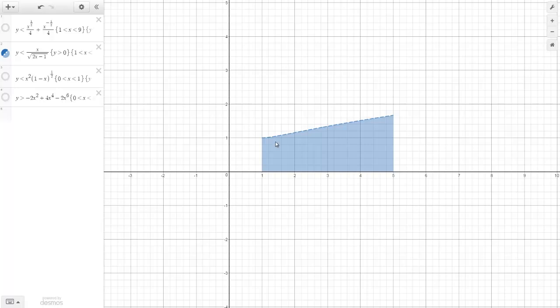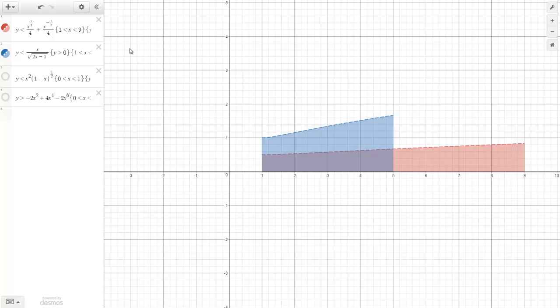So this is what we were trying to find originally, but when we transferred to u's, this is the new function. And the beauty of U-substitution is that those two shaded areas have the exact same value.